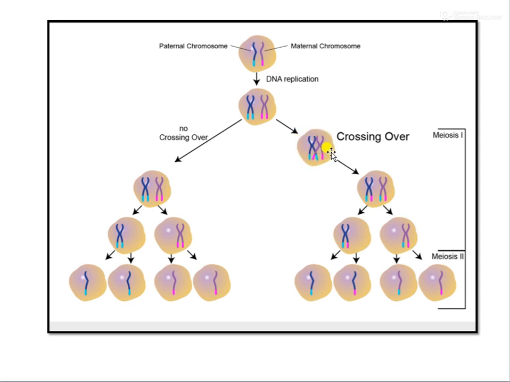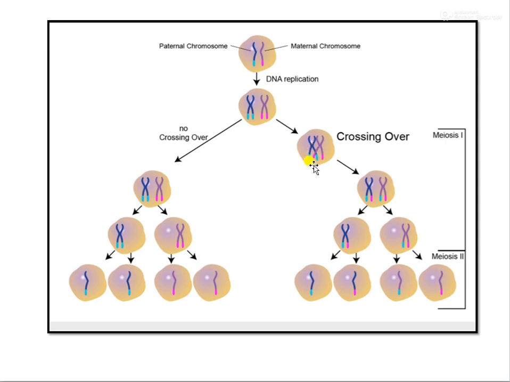You can see this tetrad over here, and in this tetrad there are certain points at which the crossing of the two chromatids is formed. Look at this X portion, where the chromosomes are cross-linked to each other and where the crossing over happens. That is referred to as the chiasmata. The points where the crossing over happens are referred to as chiasmata.